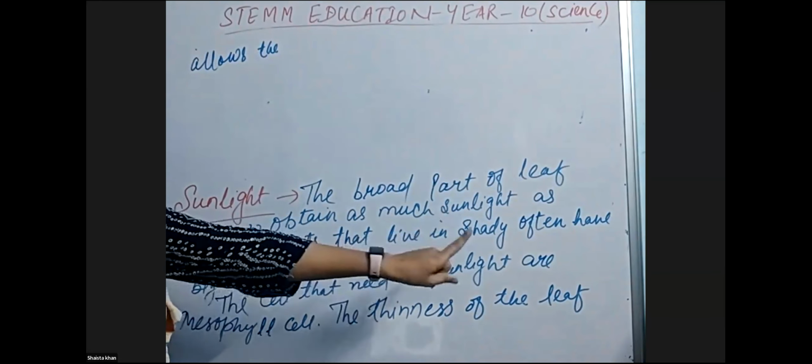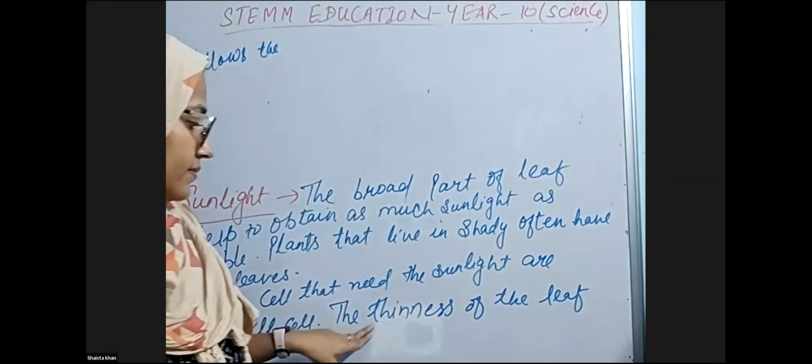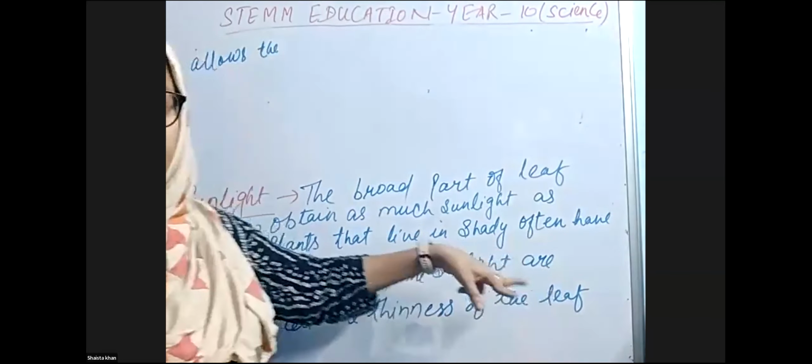So the cells that need sunlight are what? Mesophyll cells. And the next point is the thinness of the leaf.